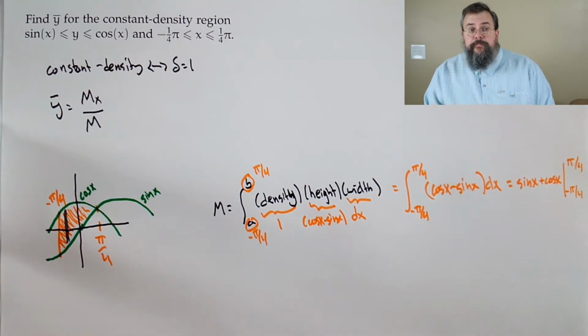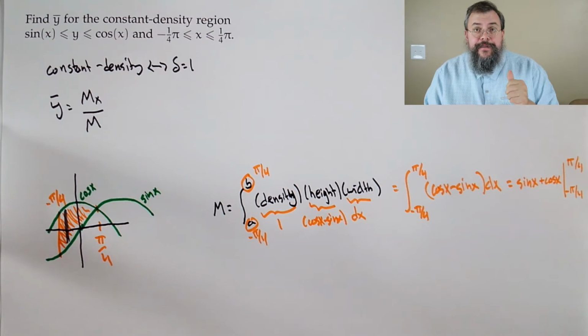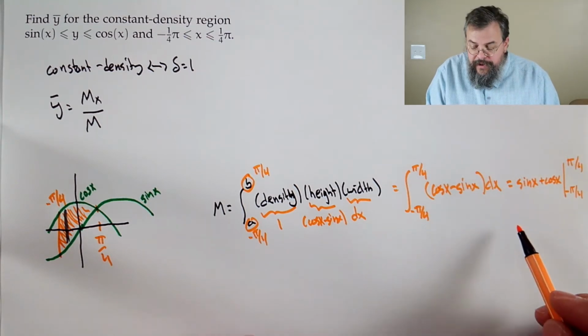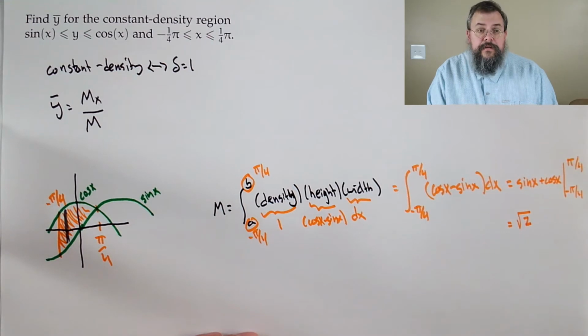All right. Well, we plug it in. Now, sine of pi over 4. Do we know it? We do. Sine of pi over 4 is square root of 2 over 2. Cosine pi over 4, square root of 2 over 2. So, what happens is we get square root of 2 when you plug in pi over 4.